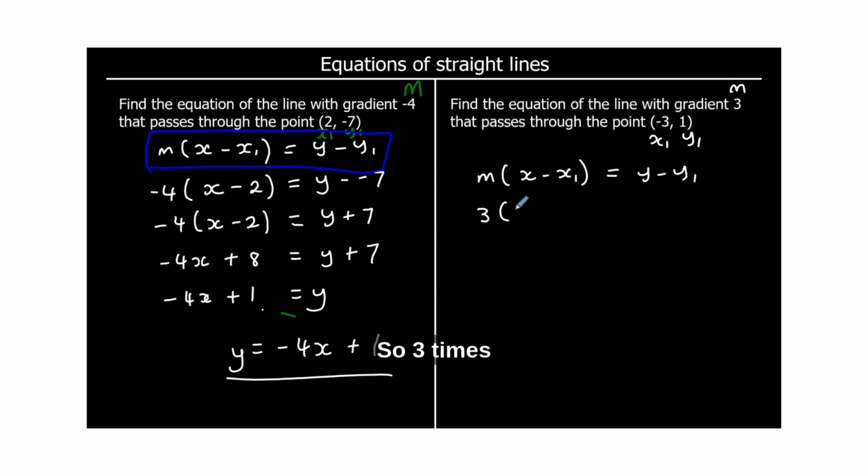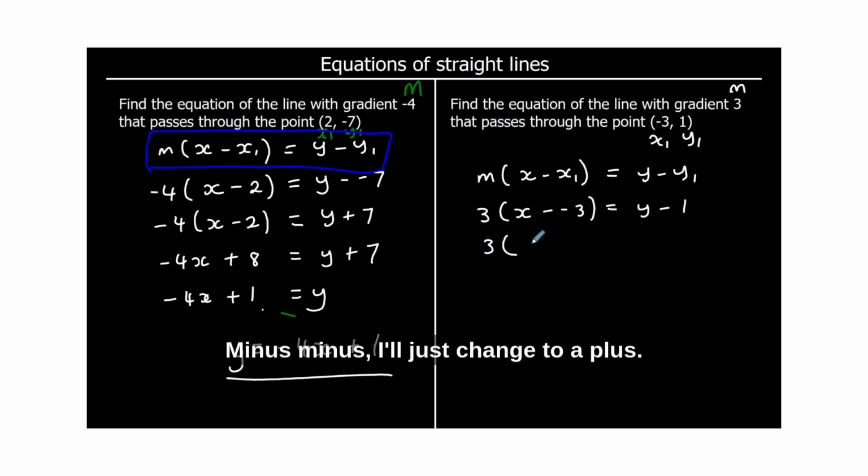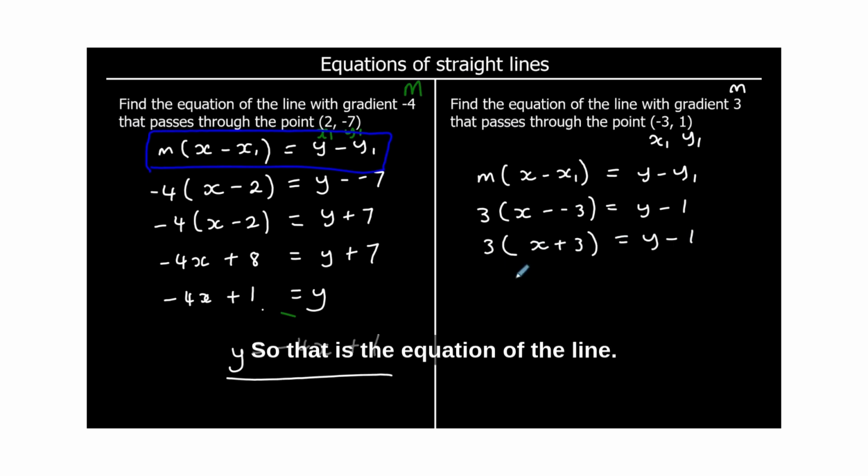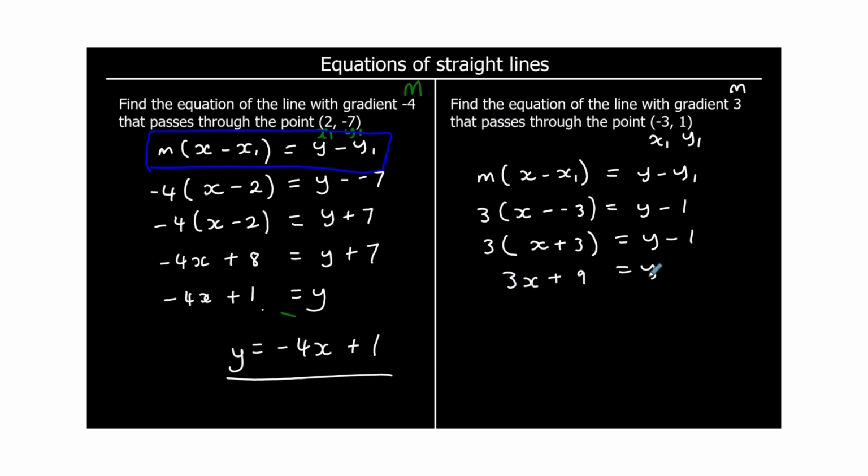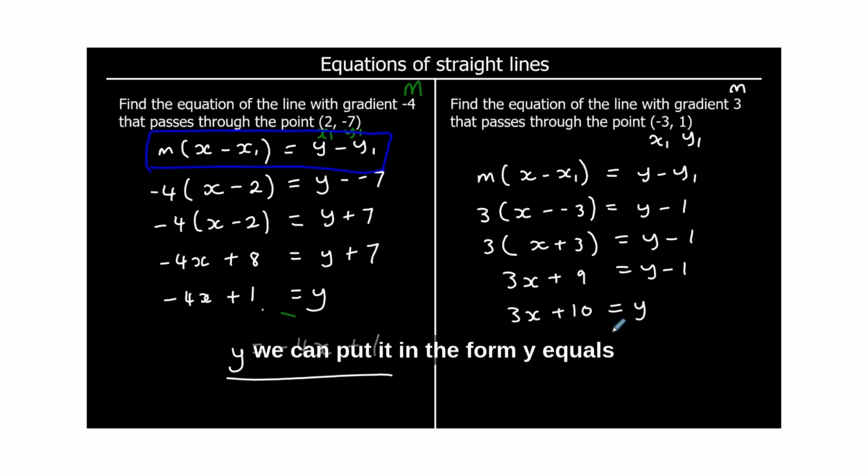So 3 times x minus 3 equals y minus 1. Minus minus, I'll just change to a plus. So that is the equation of the line. But if we expand the brackets, and then plus 1 to both sides, we can put it in the form y equals mx plus c.